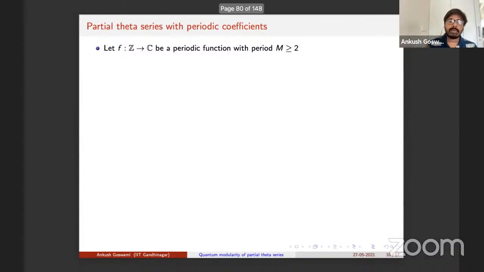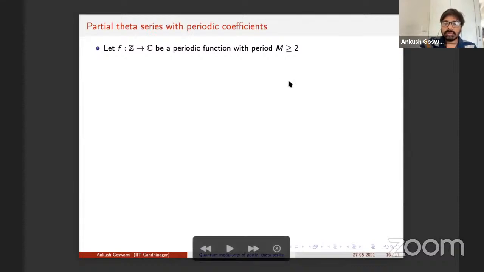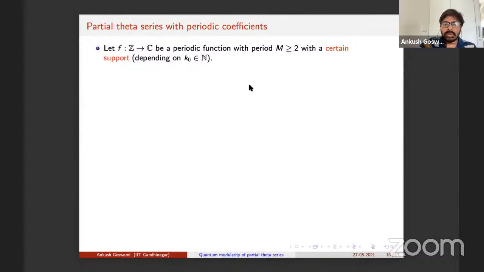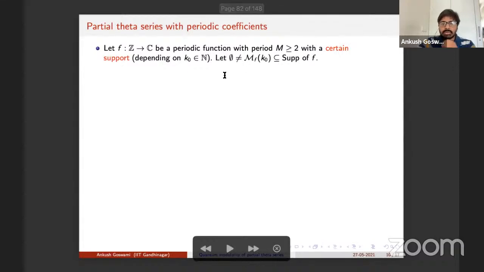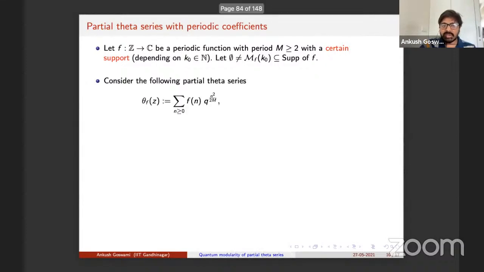So let f be a function defined on the set of integers to the set of complex numbers, and suppose this is a periodic function with period m bigger than or equal to 2, with a certain support set which depends on some positive integer k naught. And suppose you consider this set M sub f of k naught, which is a non-empty subset inside the support of the function f. Then you consider the two partial theta series.